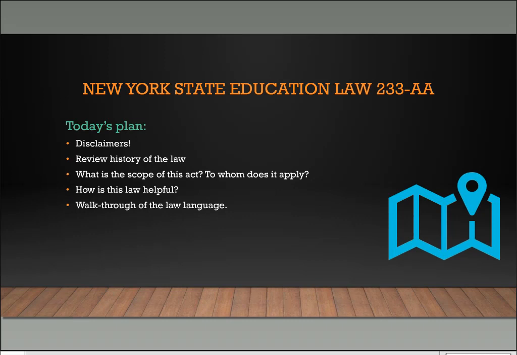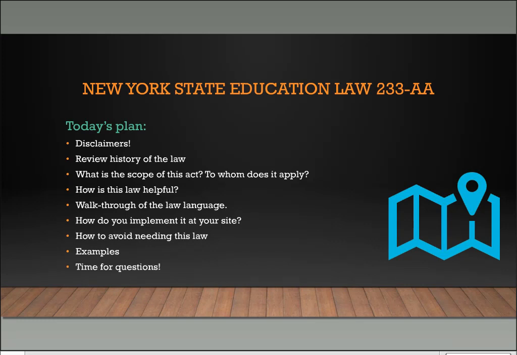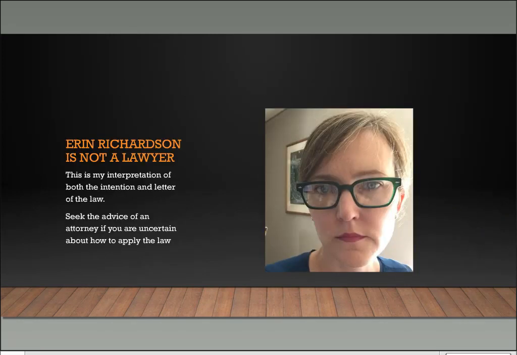We're going to spend most of our time walking through the language of the law. I'll help you understand how to implement it, and also how to avoid needing to implement it, because as you'll understand shortly, it is quite time intensive to use the provisions of the law at your museum or library or archive. We're also going to discuss a few examples.